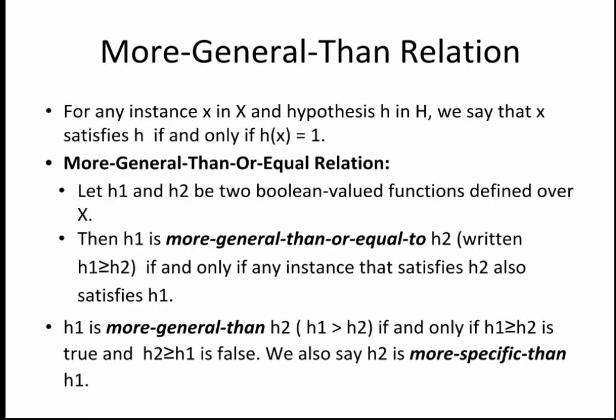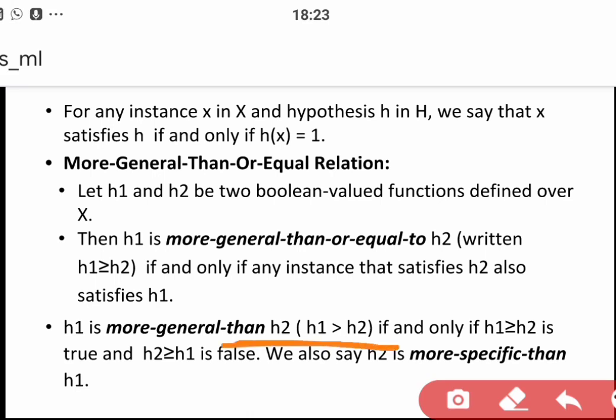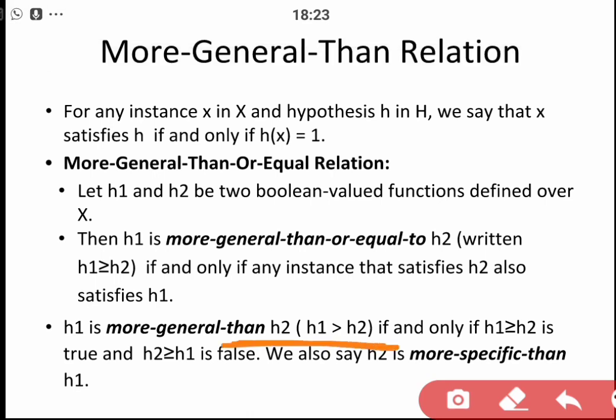We could also view this more-general-than relationship with the help of the greater than or equal to sign. We will say a hypothesis is more general than another hypothesis if and only if it is more general than or equal to, and the other thing is false.